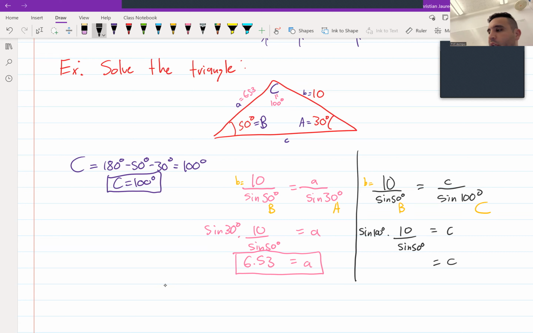Doing the same thing here, we should see about 12.86 as your final answer. 12.86. And now we've solved the triangle.